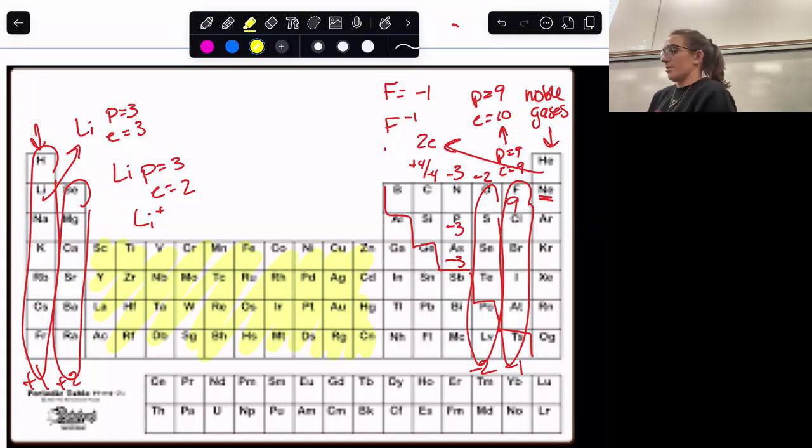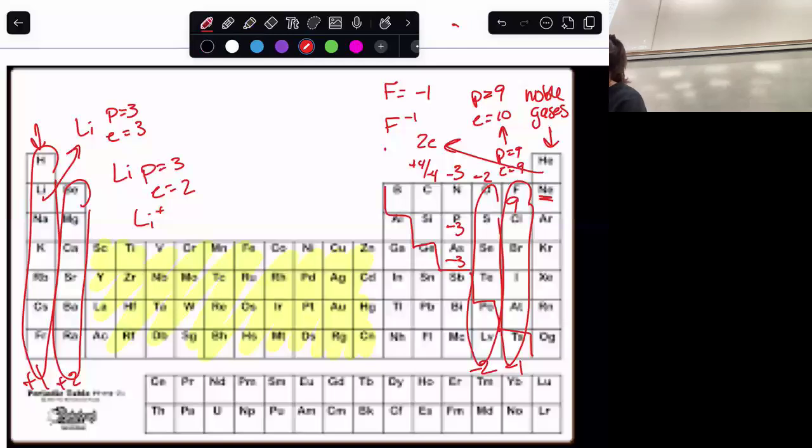What kind of metals are they? These are what we call our transition metals.